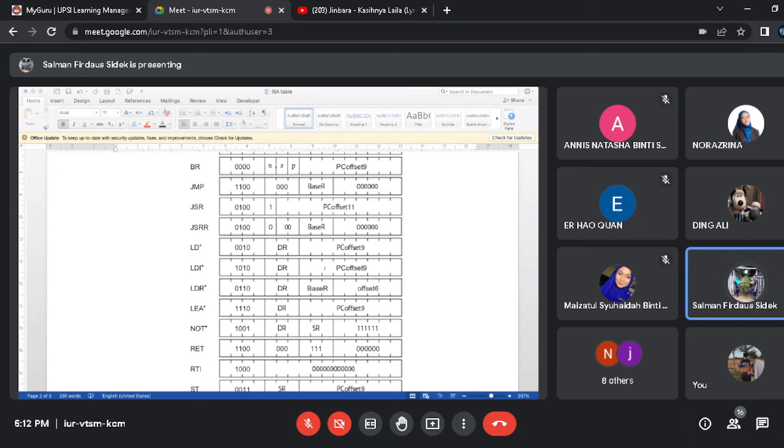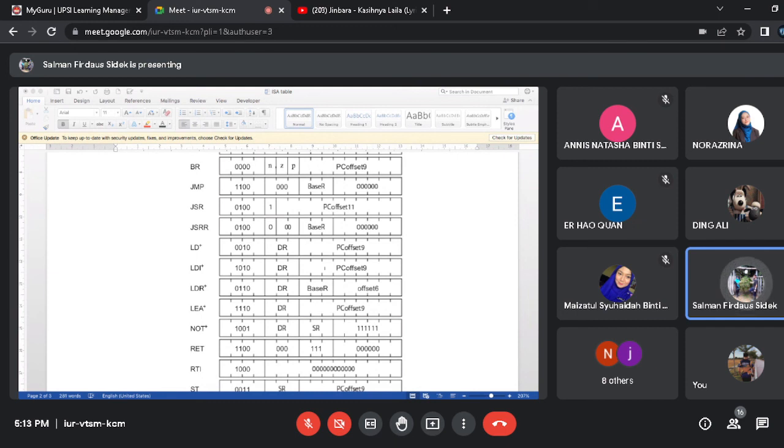Offset 6, so add 6 to the content of R3. R3 is here, this is base R. Register 3 holds an address, and we add this offset 6 to the address in R3 to form a memory address. This is the memory address that needs to be registered in the MAR. If you still remember the process of load, the first thing is to register the address into the MAR.